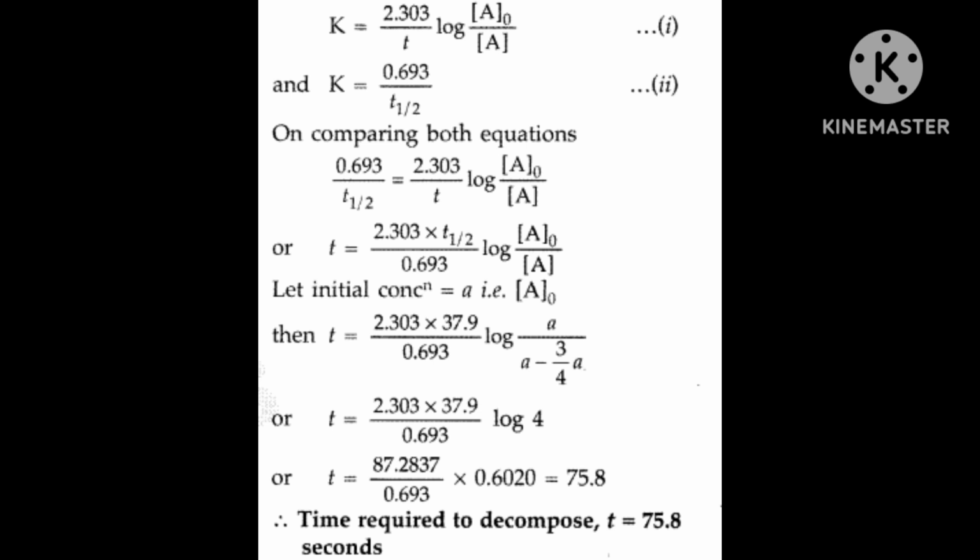Suppose you have taken 1 mole of each gas. This gas A is converted to gas B and C, and it has given 1 mole each of B and C, correct?